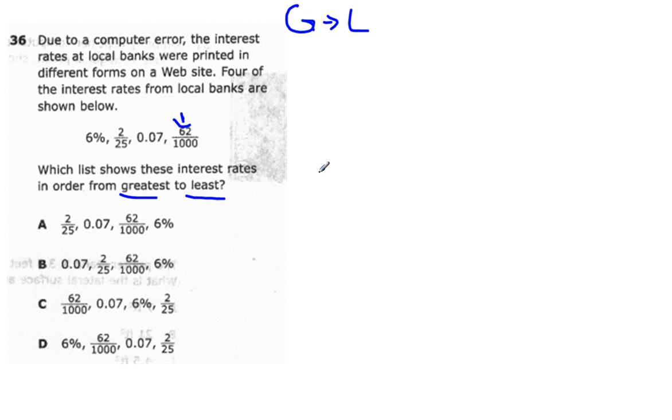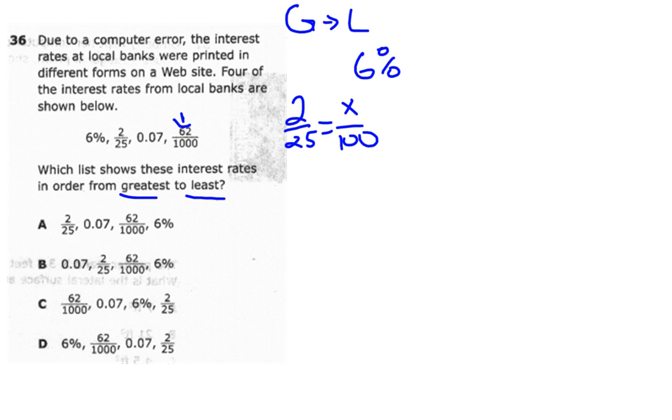Actually, it's not, but whatever. So 6%, 2/25 and 0.07. Let's turn them into percents. Why not? We got 6%. That's cool. 2/25. If we want to write that as a percent, we think, can we write that as something over 100? Of course we can.